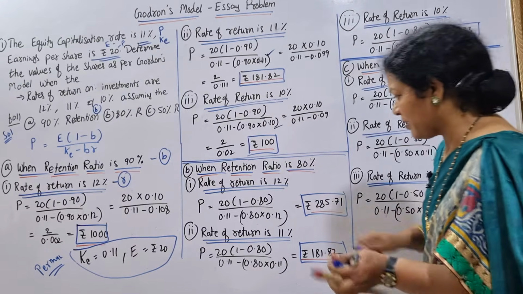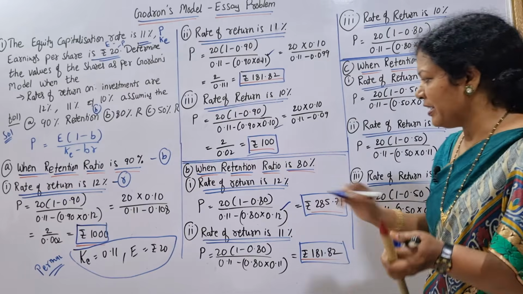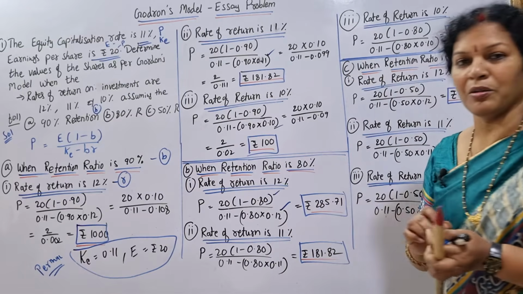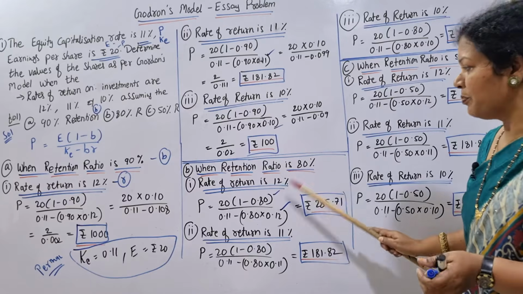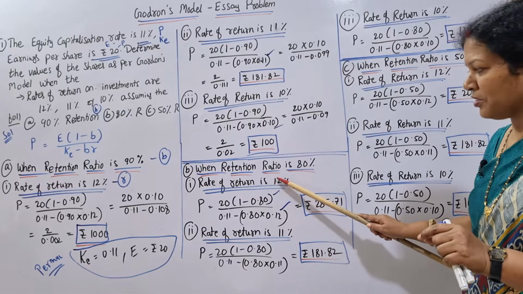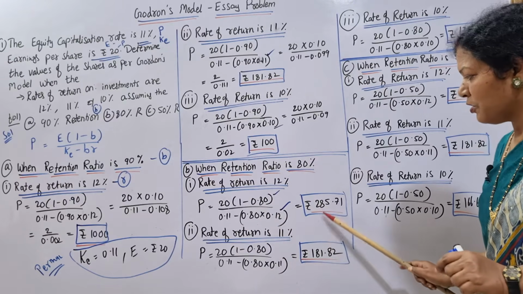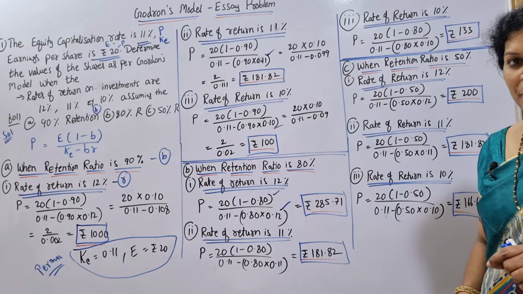So remember, 12%. When retention ratio is 0.80 and rate of return is 12%, if you do the calculations, you are getting 285.